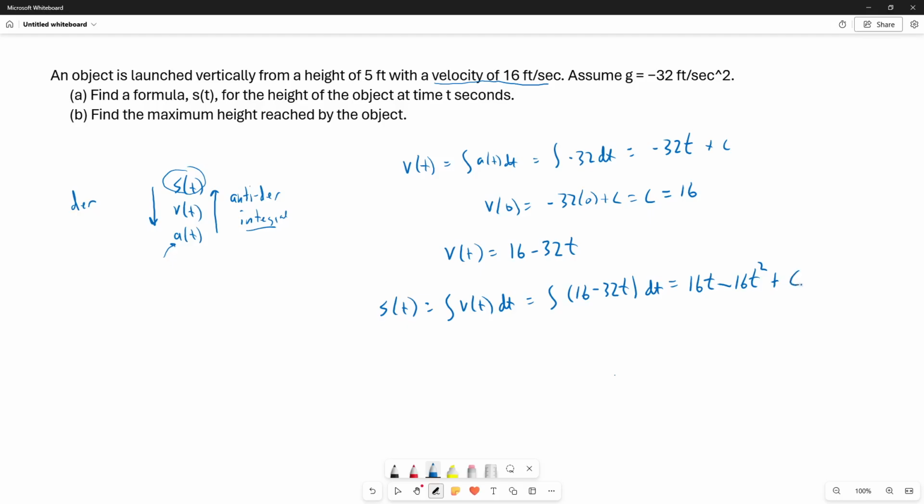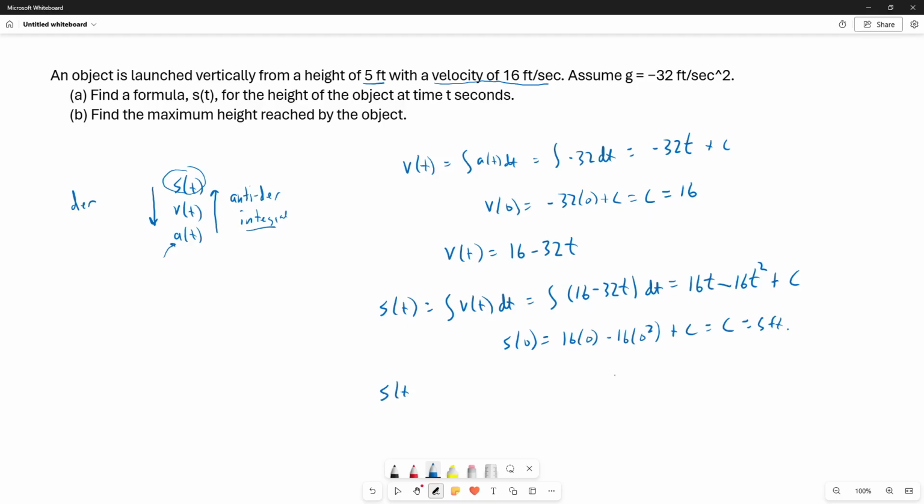And then we have plus c, and this constant is the initial position, because s of 0 is equal to 16 times 0 minus 16 times 0 squared plus c, and that's just c. The initial height, the initial position, was 5 feet, so c is 5.